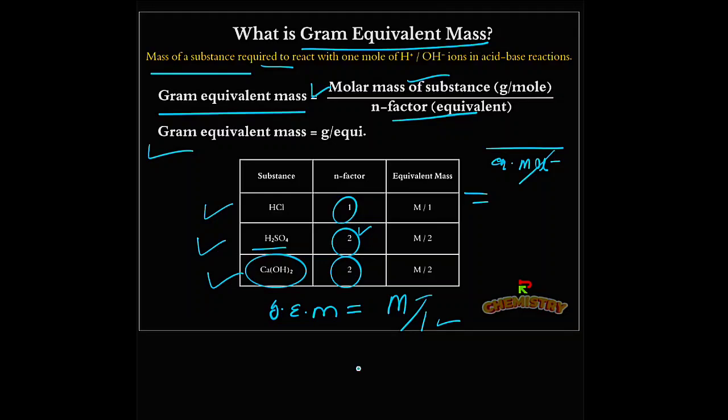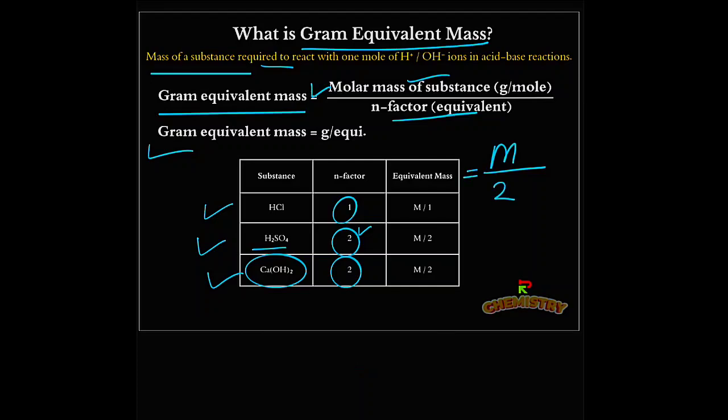So the molar mass of HCl divided by 1, that is the N factor of HCl, gives the gram equivalent mass for HCl. Similarly, for the gram equivalent mass of H2SO4, we divide the molar mass of H2SO4 by 2.